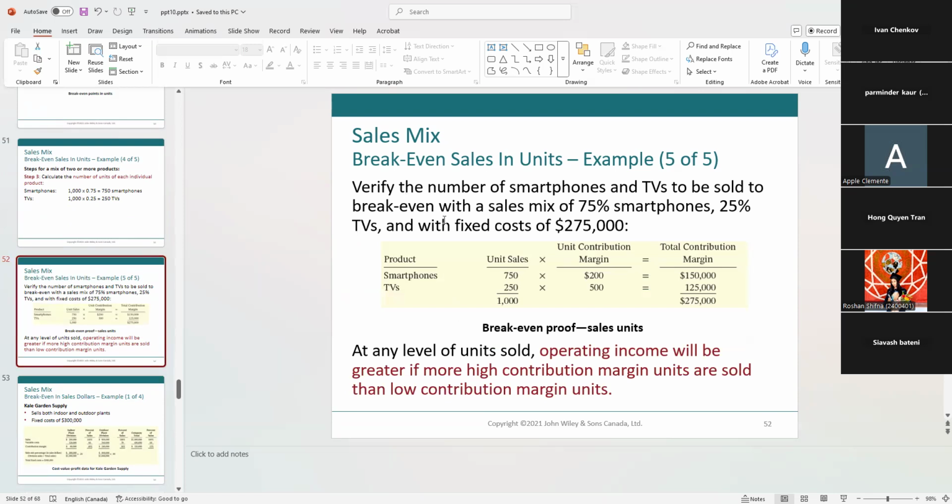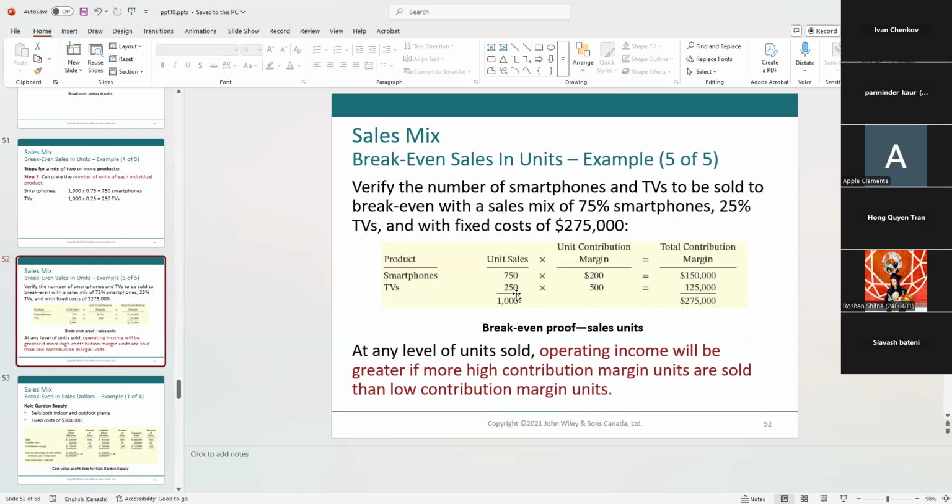Let's see this one example. Now to verify the numbers, how are we going to verify them? If we're selling 750 smartphones, we're going to get $150,000 contribution margin.